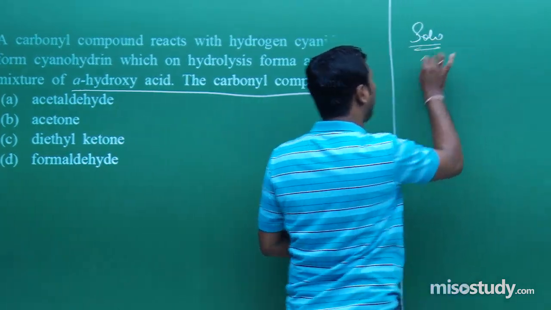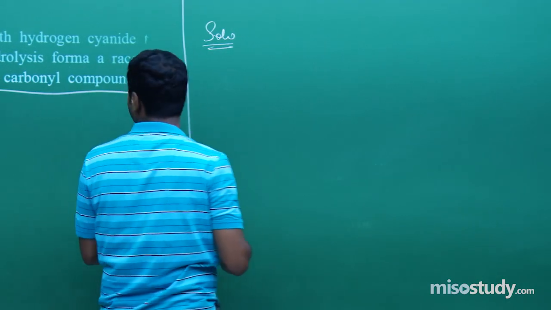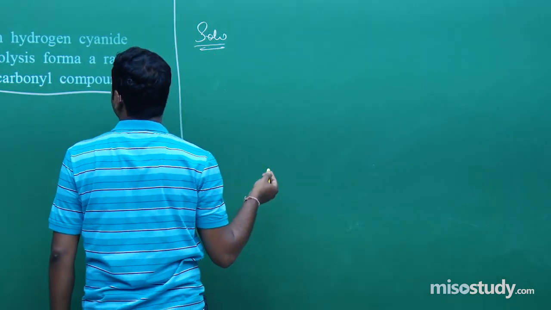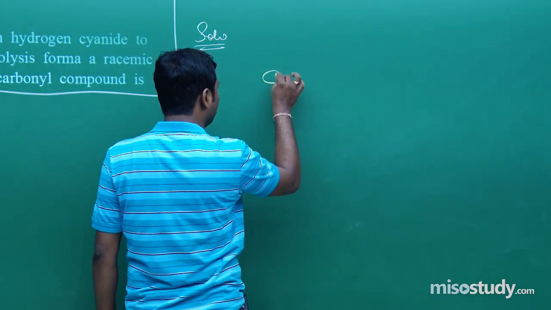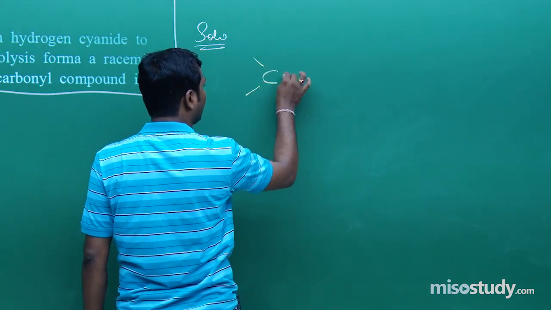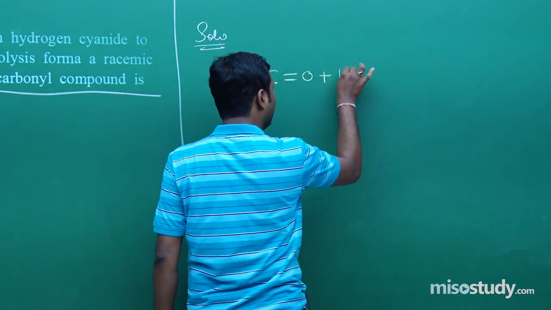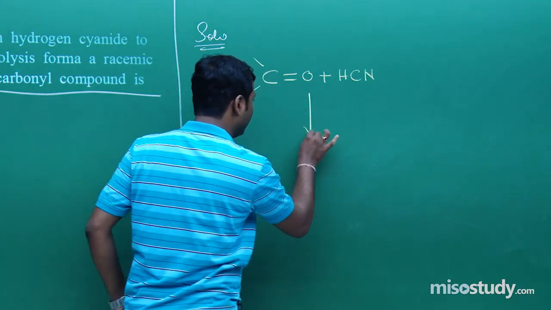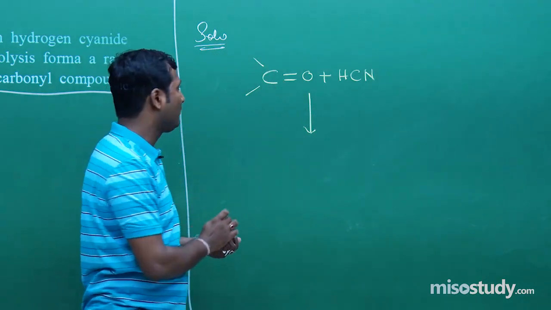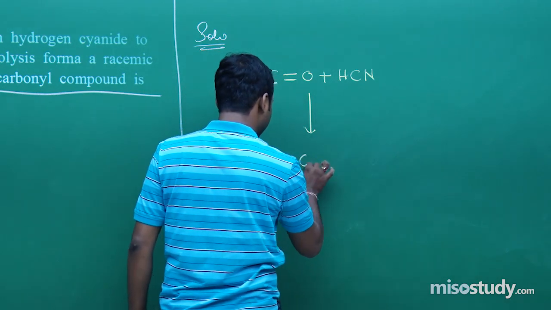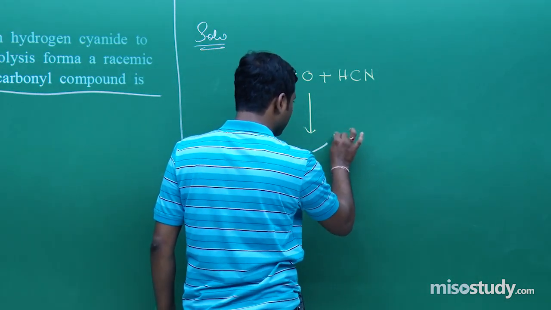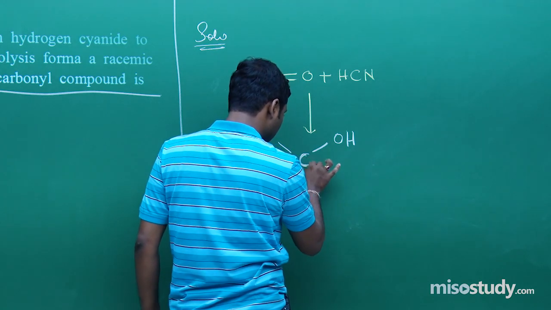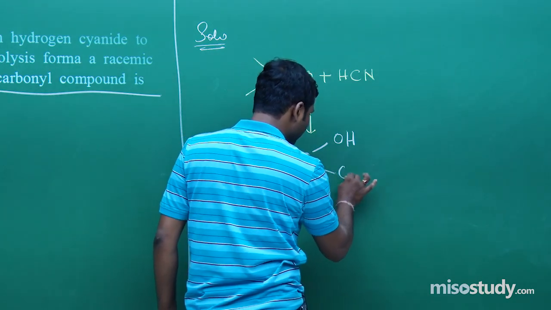Look at what I am telling. A carbonyl compound reacts with hydrogen cyanide, that is given here. Then what will happen? Sir, it's very simple. It will form cyanohydrin, that is C, this one OH, and this one CN.